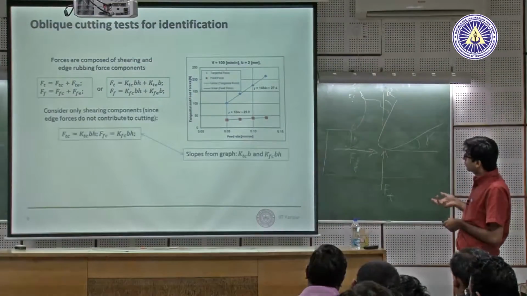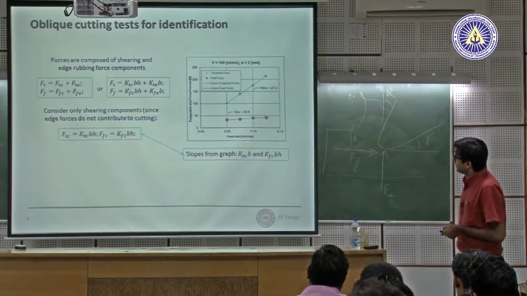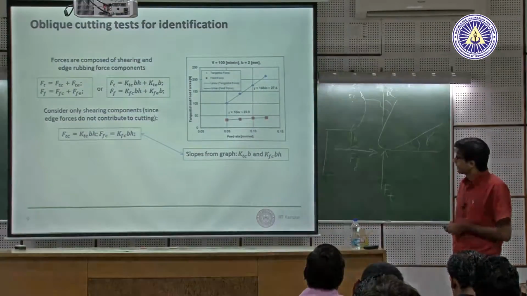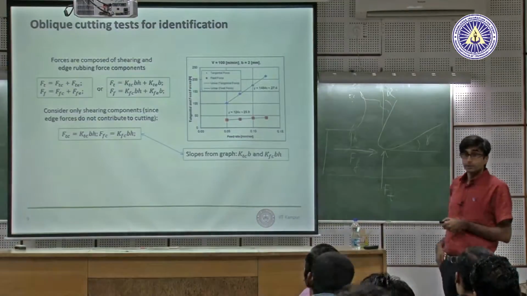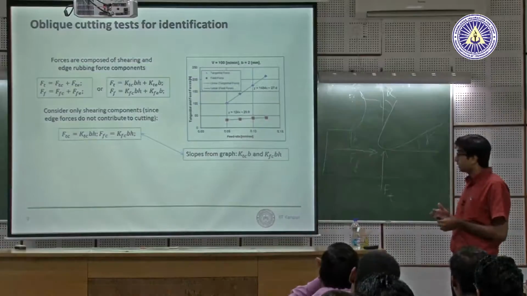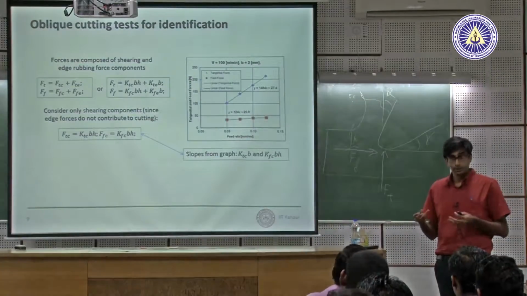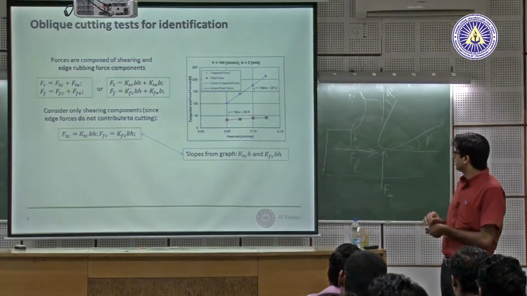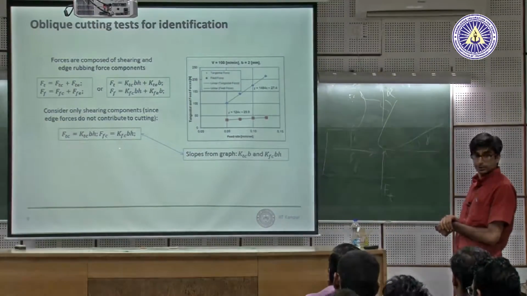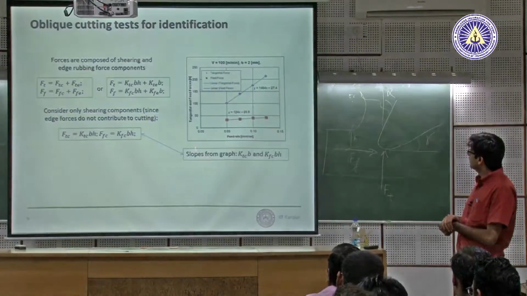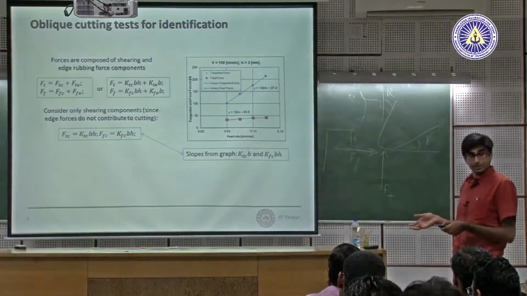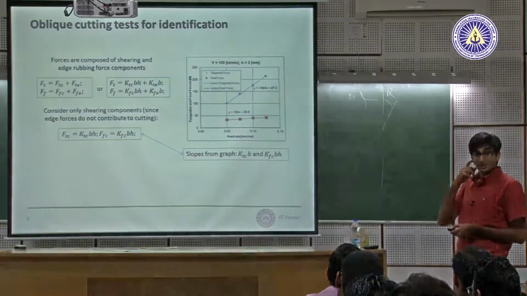So what we want to do is first only consider the shearing components, because what contributes to cutting is only shearing. Rubbing is always taking place, but chip formation is only because of shearing. So that is the major contributions, KTC and KFC. And we can read them from the slope of this graph. The slope is your coefficient. Very easy to do.